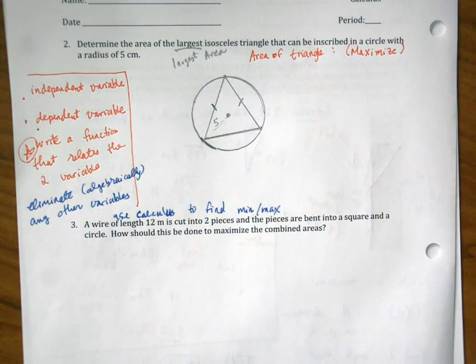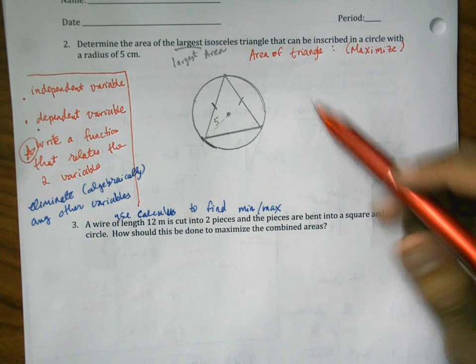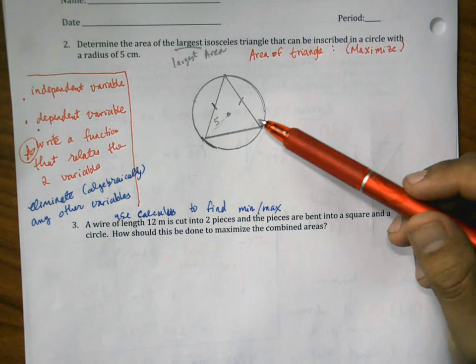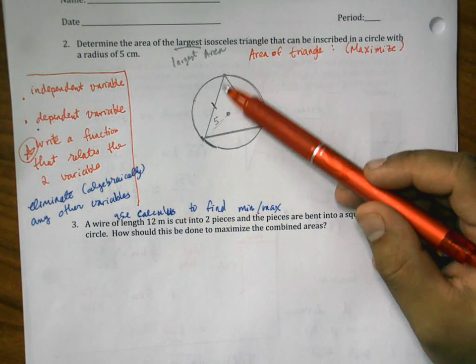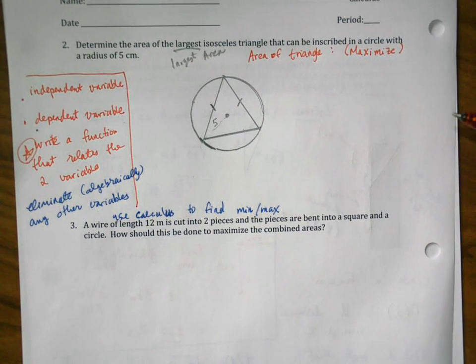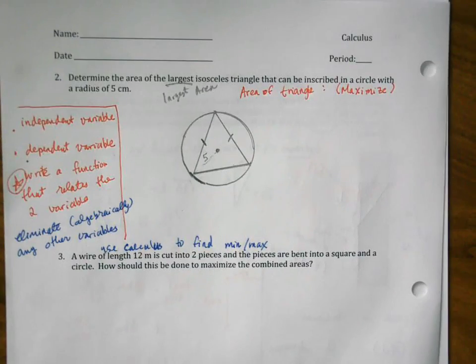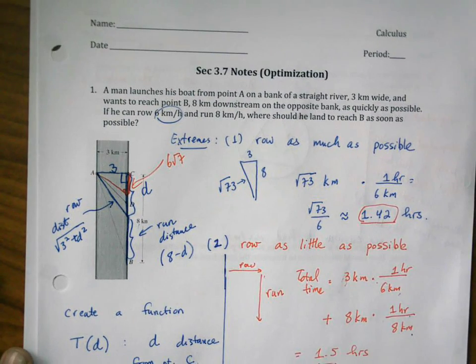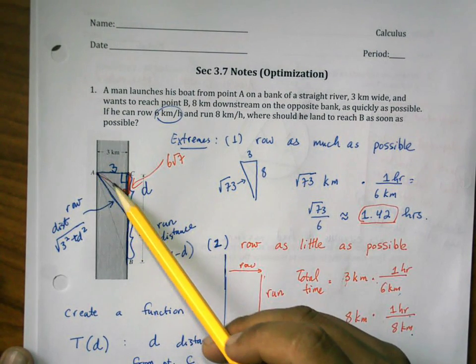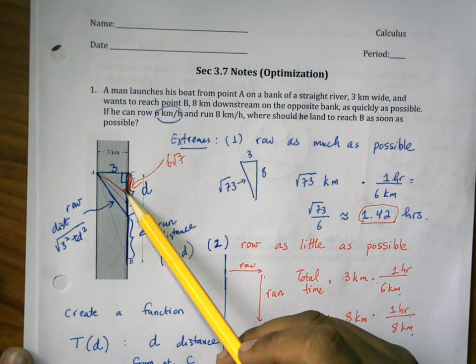Okay. And now really we have a choice. We have to ask ourselves, what is it that we get to choose? How do we go about deciding where to draw a triangle inside of a circle? What factors go into this? Just like in the previous problem, the decision that we were trying to make is where on the shore should we run to.